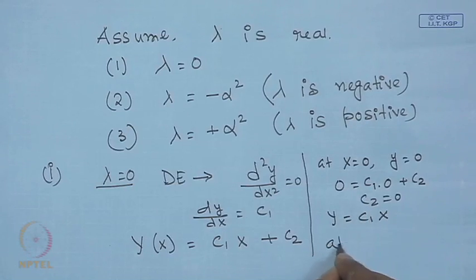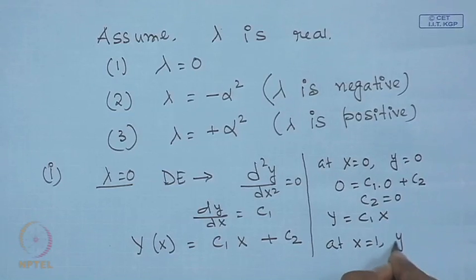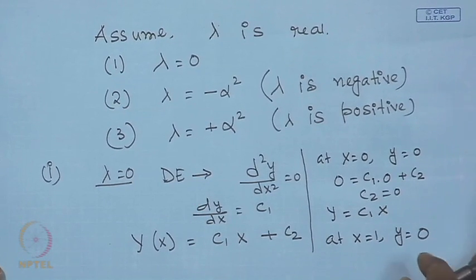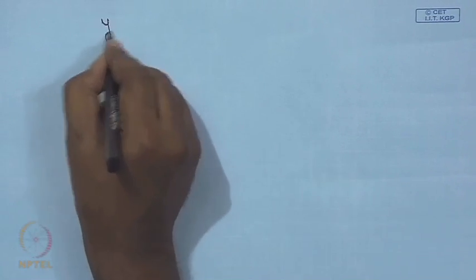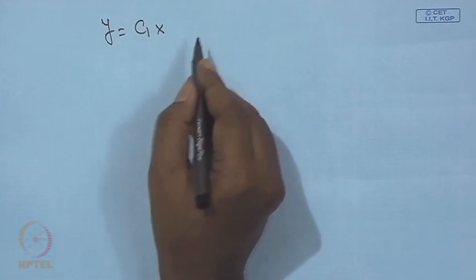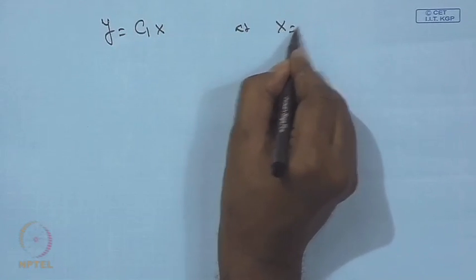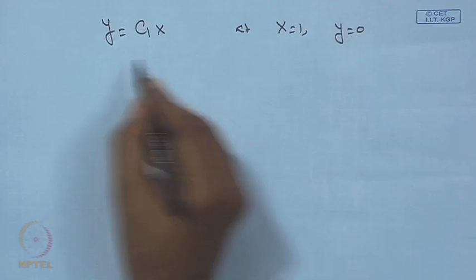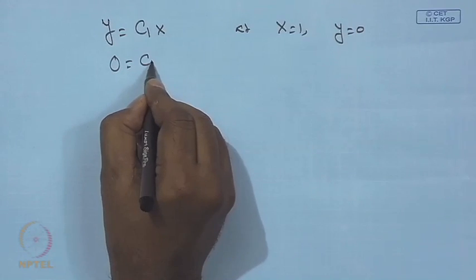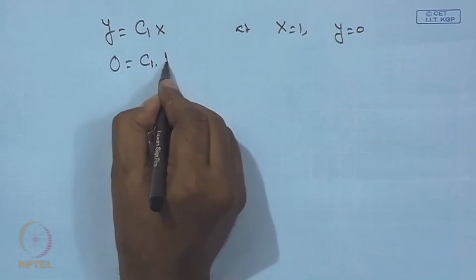Now, let us put the other boundary condition, that at x is equal to 1, y is equal to 0. If we utilize this boundary condition, let us see what we get. The solution is y is equal to c1 x, and at x is equal to 1, y is equal to 0 gives me an equation c1 times 1.